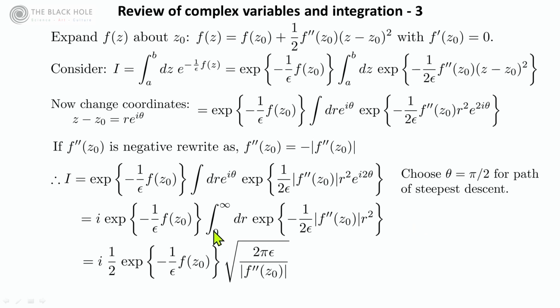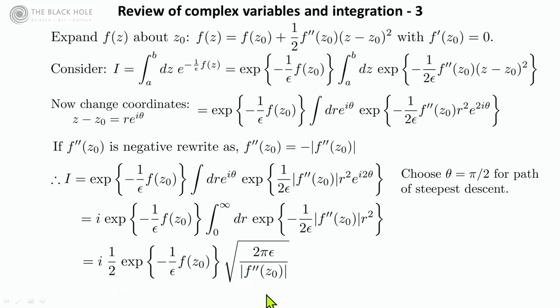And so anyone can do this integral. You remember if it was minus infinity to plus infinity, I'd get a square root of pi over the stuff over here. But since we're doing only half the integral, there's half coming out here. The important thing is that there's i over here and there's a half over here.